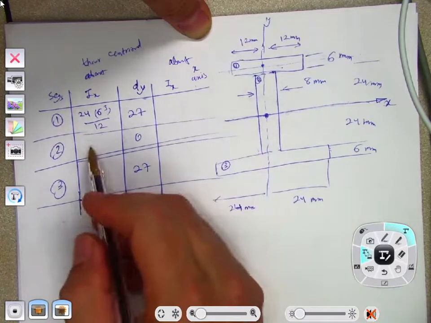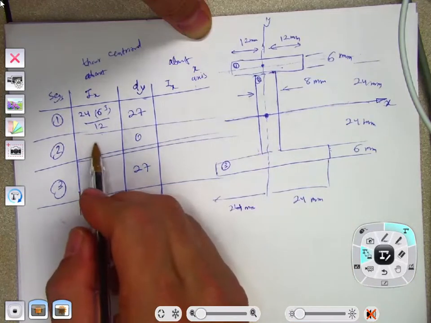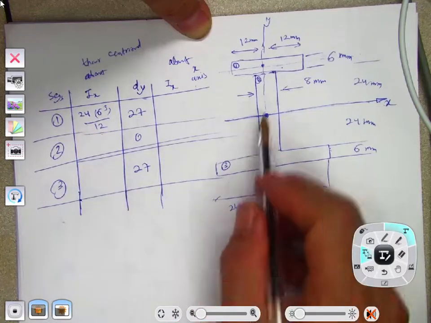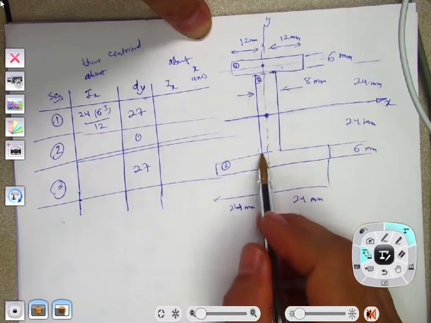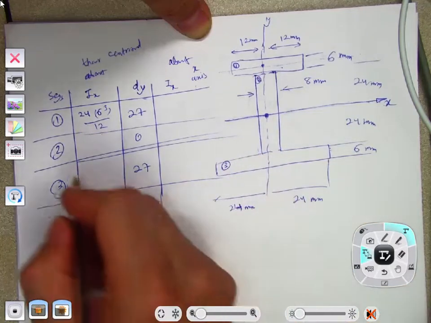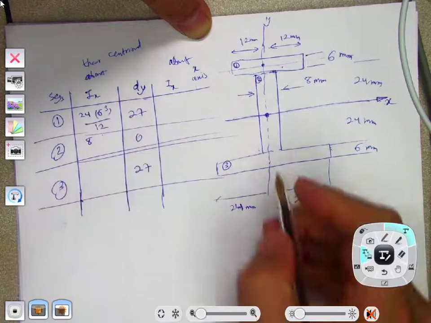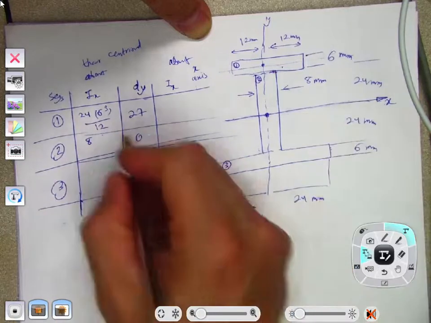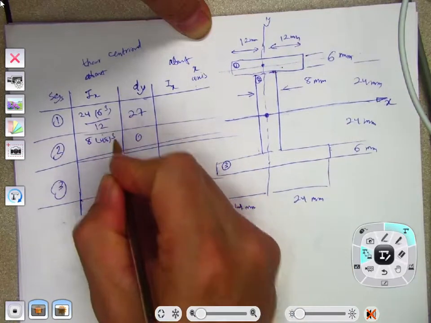For the second one, the base is 8, and the height is 48, divided by 12.